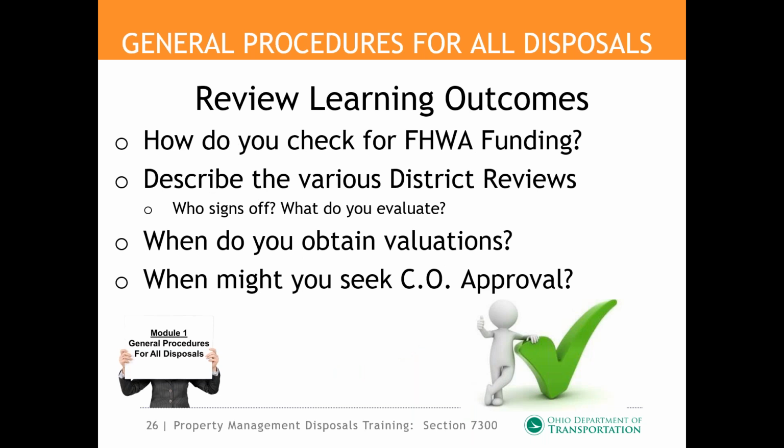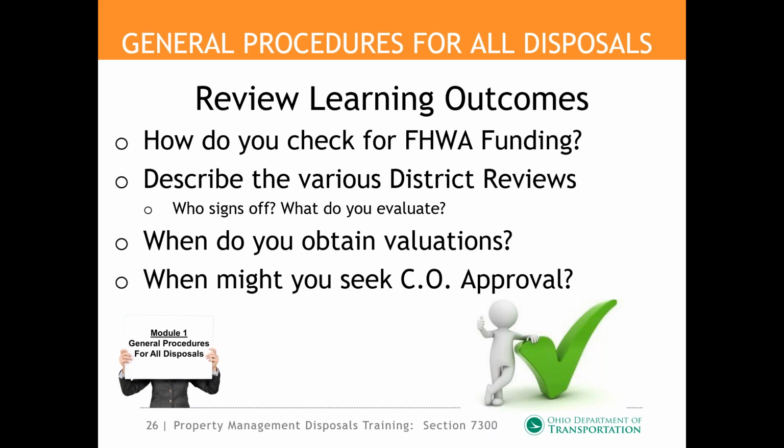Okay. Now we can just review some of the learning outcomes we had at the beginning there. First up, how do you check for FHWA funding when processing a property disposal? Again, you send the CO property management Form 7406, requesting a records search on the parcel and the project that it was acquired under.